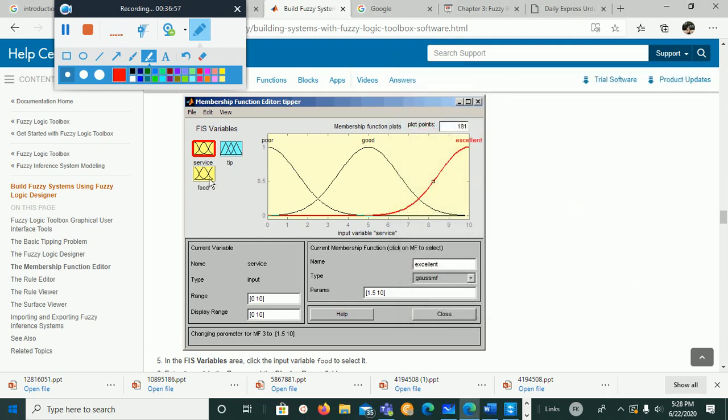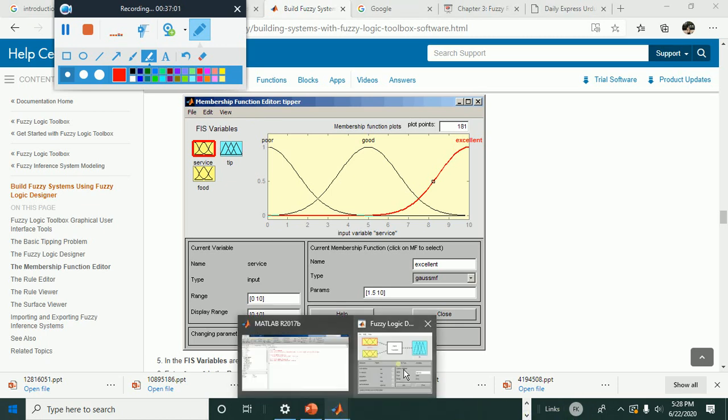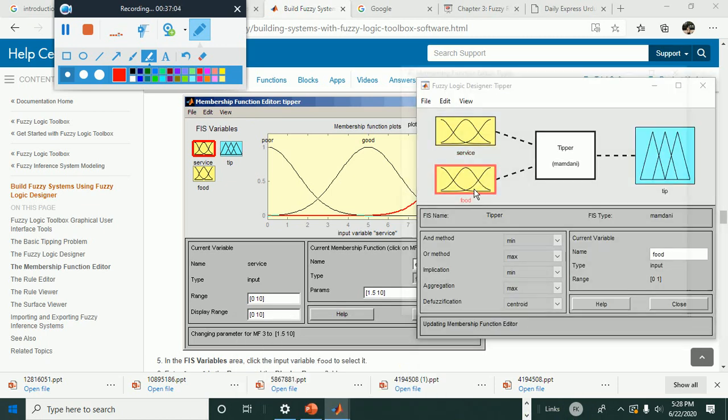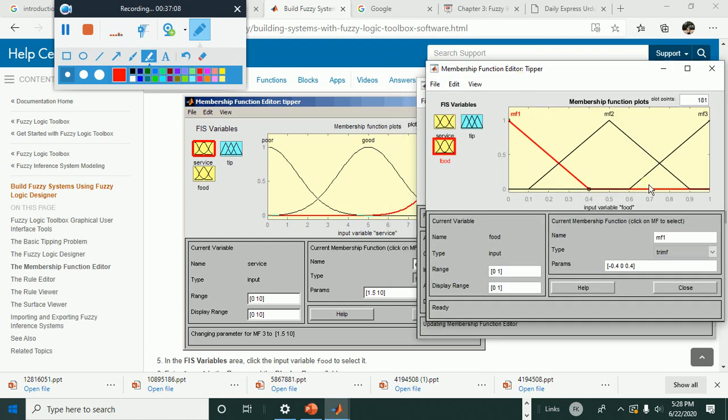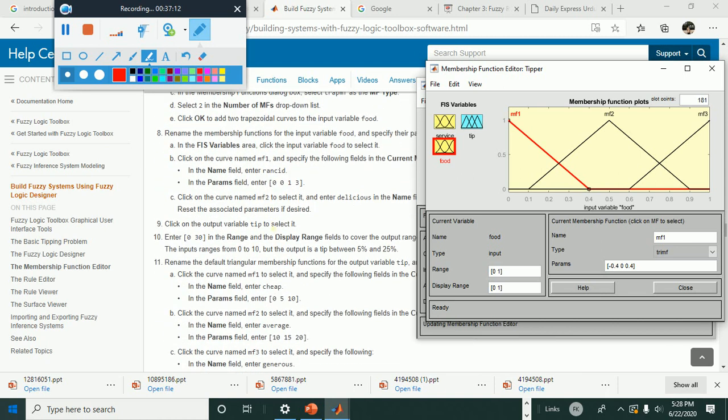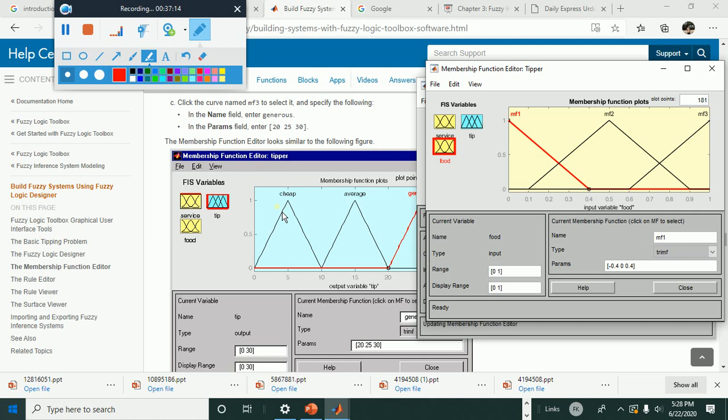For food, we have to choose functions according to the functions in the example.